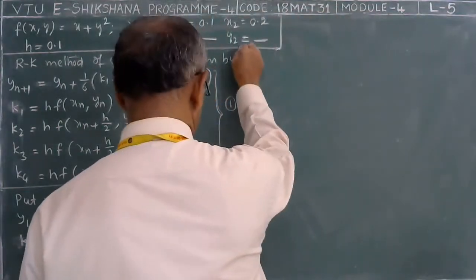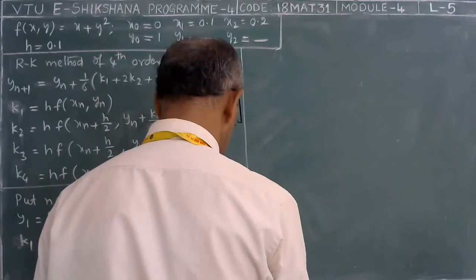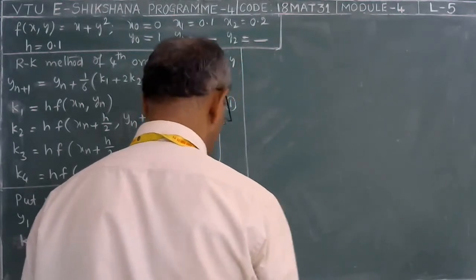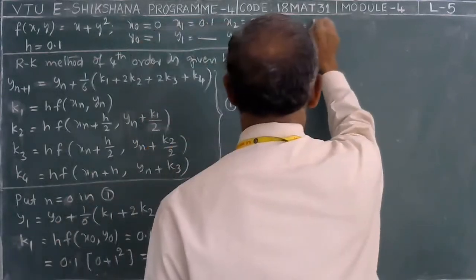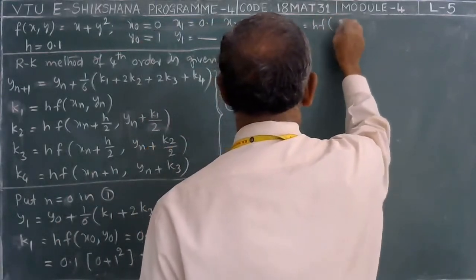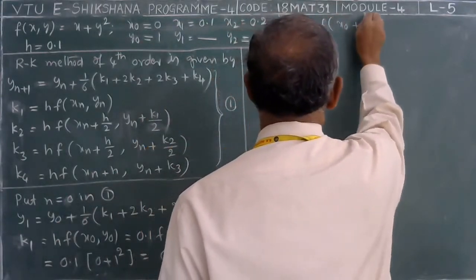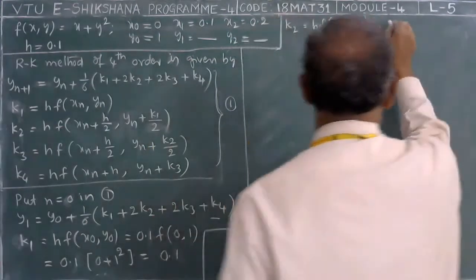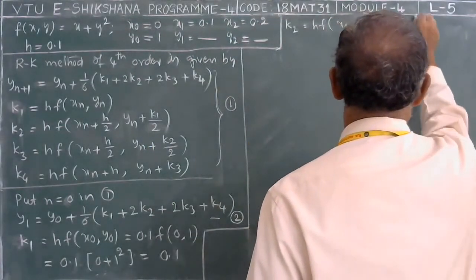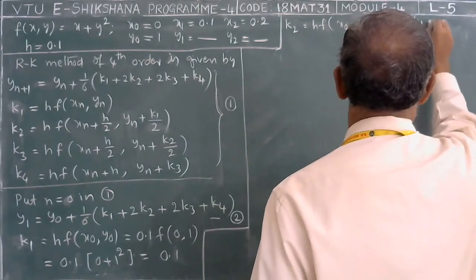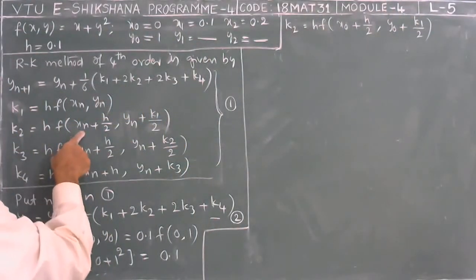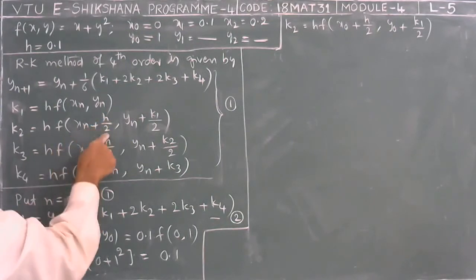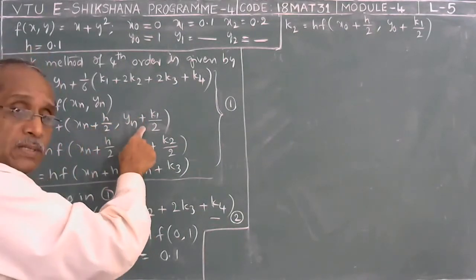Now k2 is h into f of x0 plus h by 2 comma y0 plus k1 by 2.